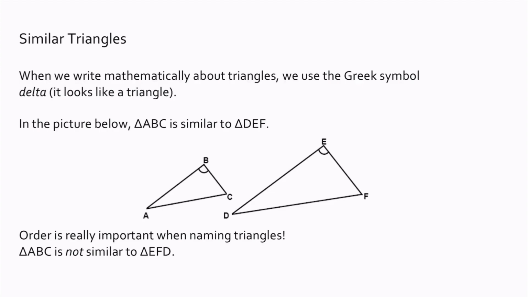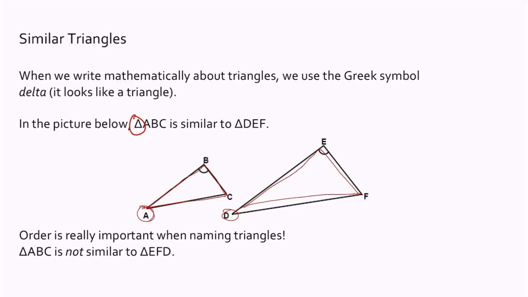So we often use this Greek symbol delta to talk about a triangle, and it looks like a triangle, so that's helpful. And this is telling us that triangle ABC is similar to triangle DEF. And the order is really important when we're naming triangles.